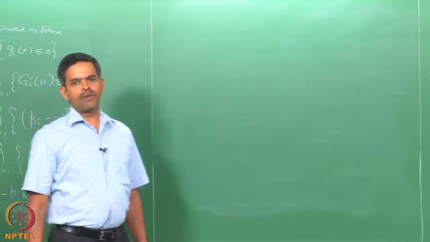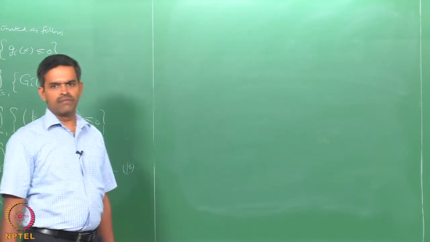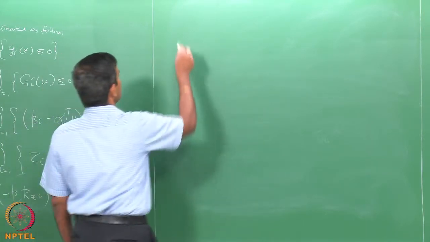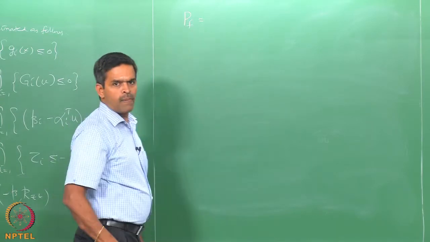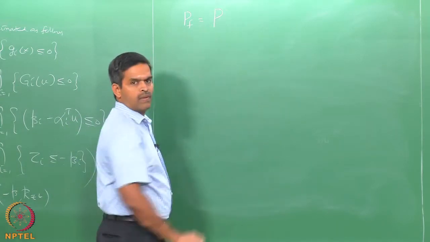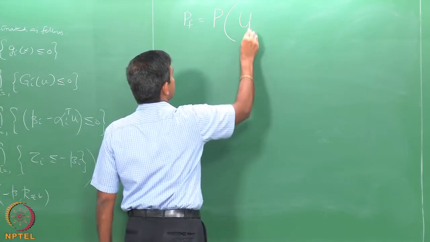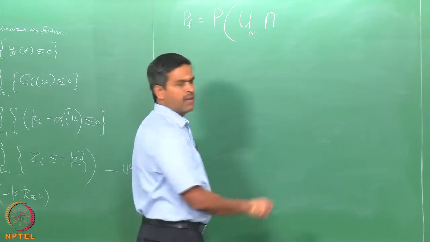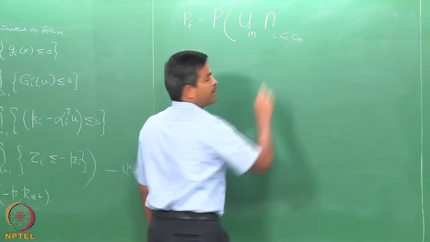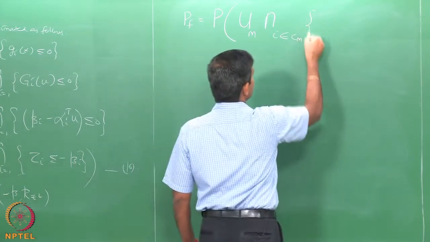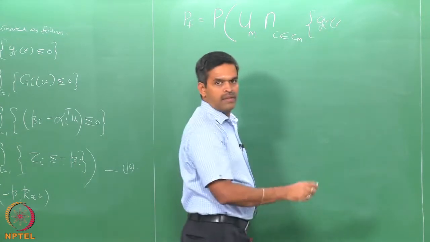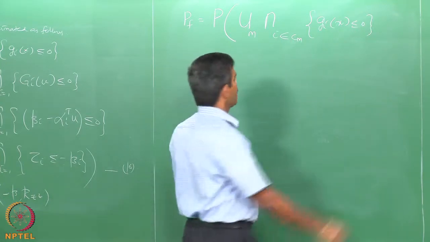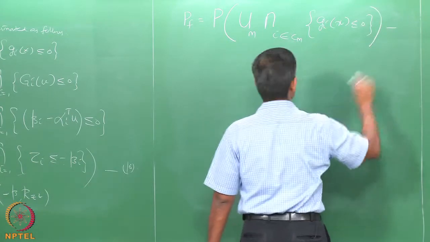So, we are trying to estimate the probability of failure of a general system using cut set formulation. So, one needs to know the probability of failure of the system, which is given by probability of union m, intersection i element of C m of g i x less than 0, equation 17.